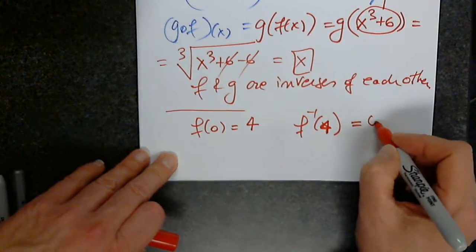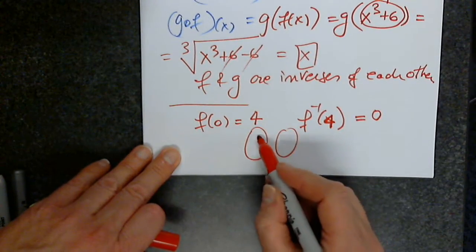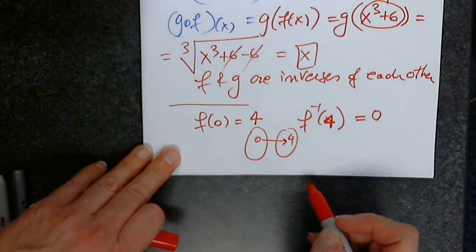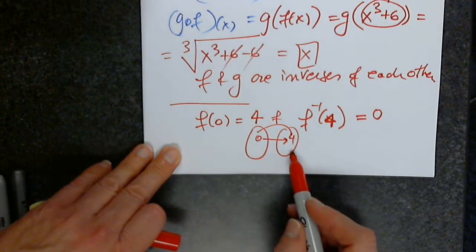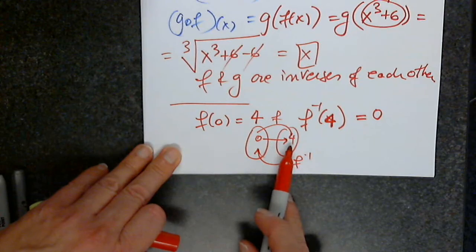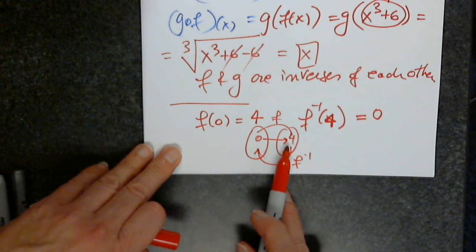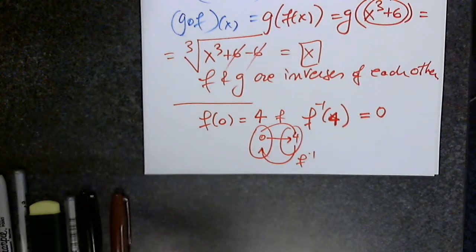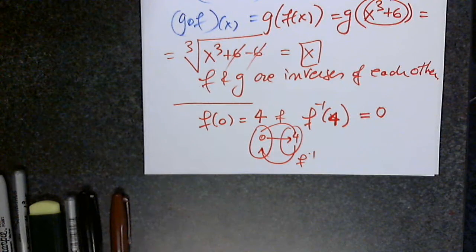Zero. Thank you. Because 0 goes to 4 for function f, and f inverse applied to 4 will definitely return 0. Very good. Okay, back to the last section of chapter 12, which is 12.1.